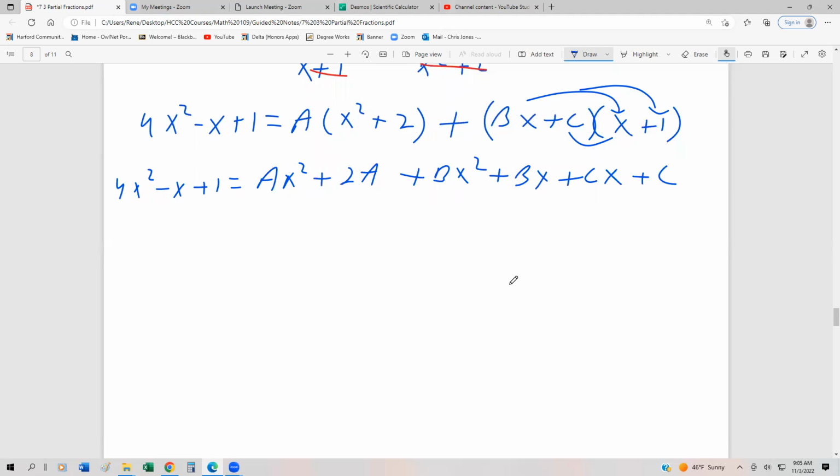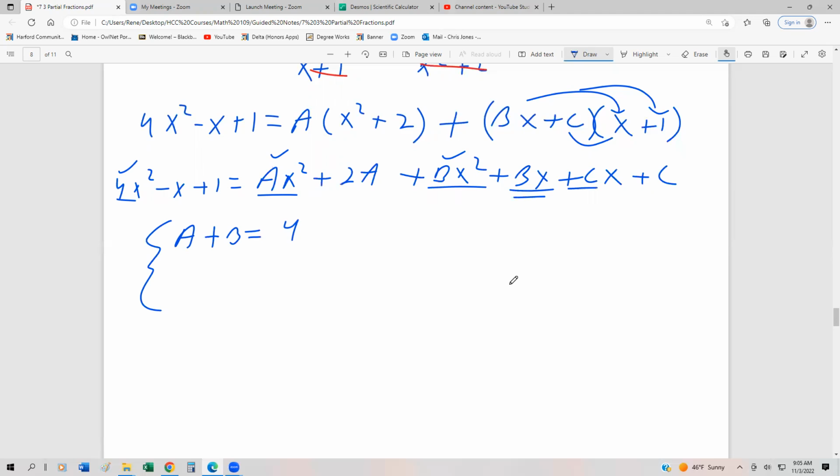This system's going to be a little bit more rigorous to solve, but it won't be too bad. So we look at the x squareds. We have A plus B is going to be equal to 4. That takes care of the x squareds.